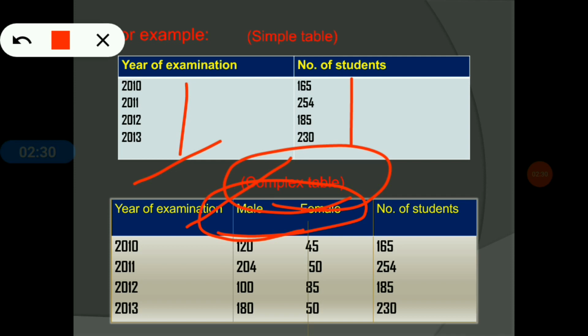I think it is clear what a simple table and a complex table are, and what the basic differences between them are.